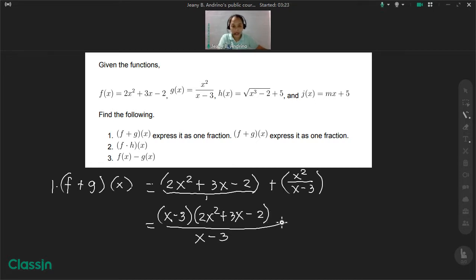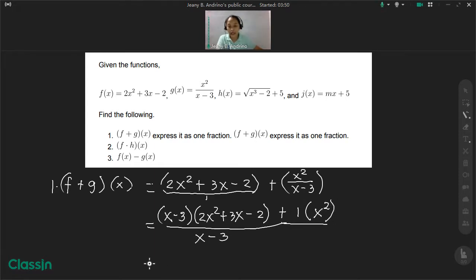And then we copy the plus sign and we divide this LCD by the denominator of the second function. So x minus 3 divided by x minus 3, that is 1. And then we multiply your 1 with your numerator. So we have x squared in there.